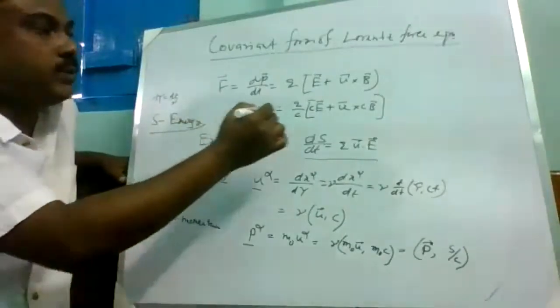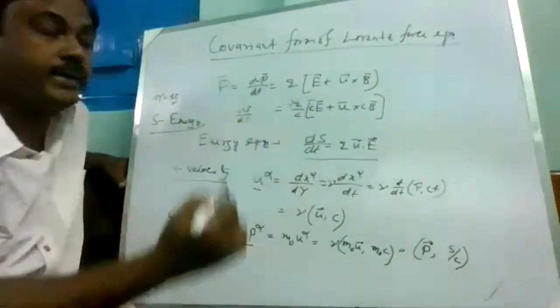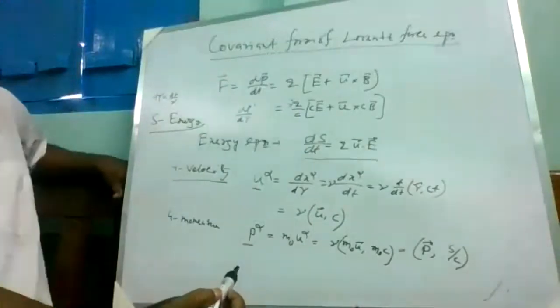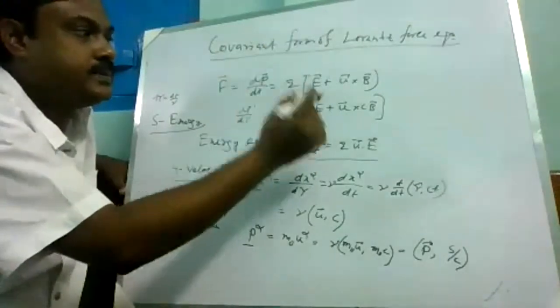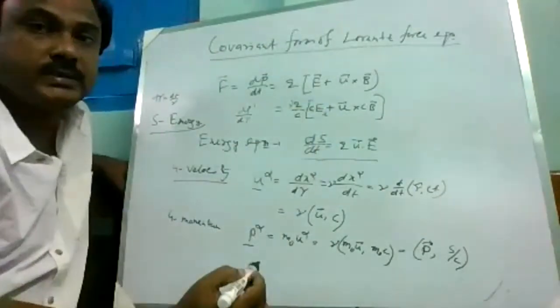So there will be a gamma, so one gamma will come here. Gamma q by c times dp1 by dt, and this term will equal c Ex, right?